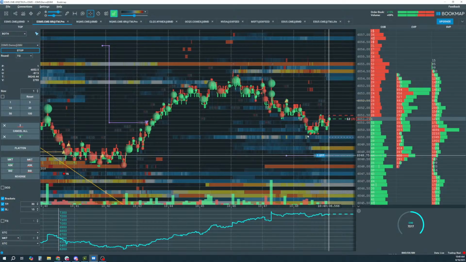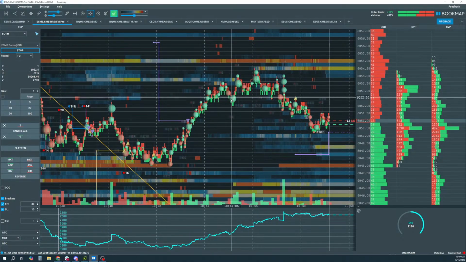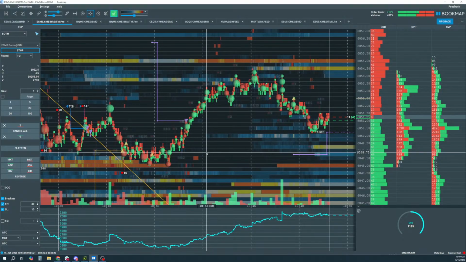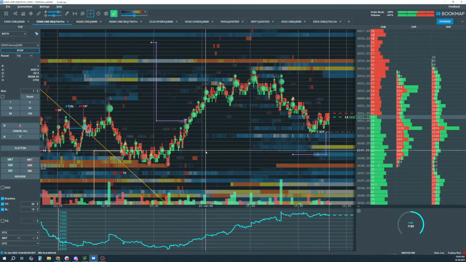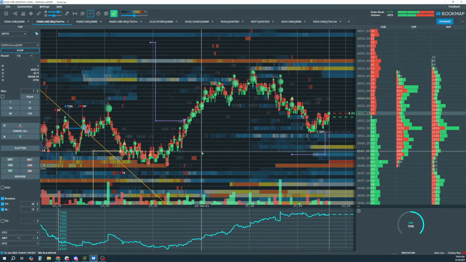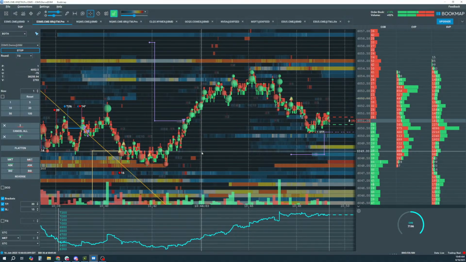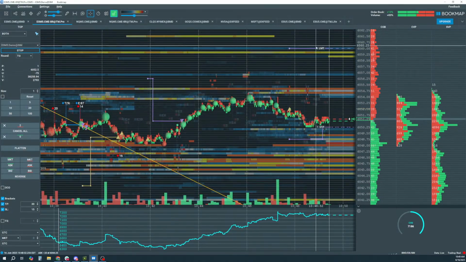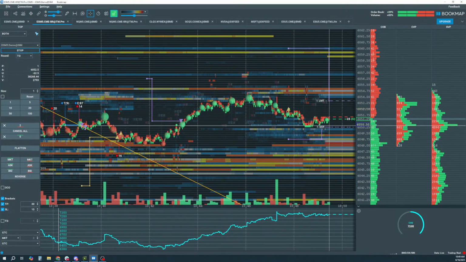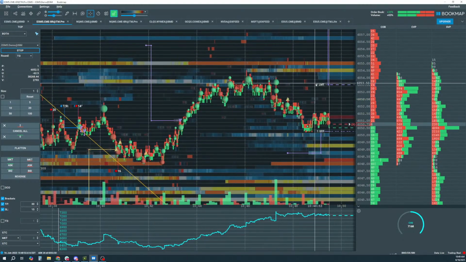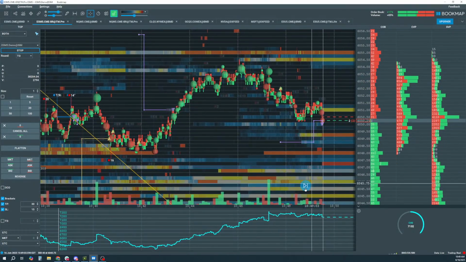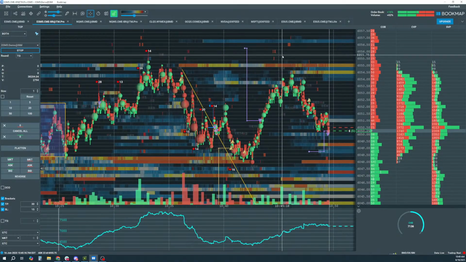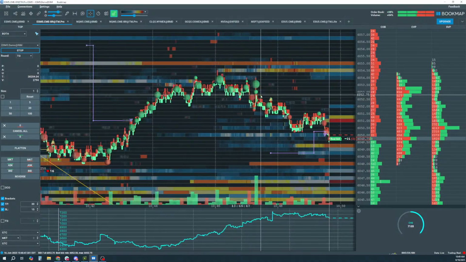In fact, I'm just going to move the stop up to it. Okay, and we're stopped out on that one. Yeah, that was my mistake on that one.